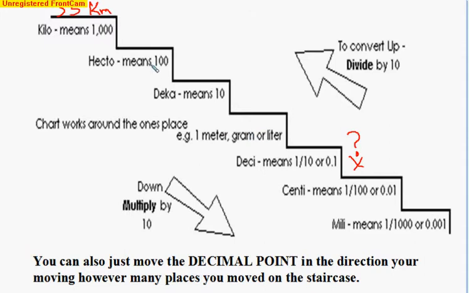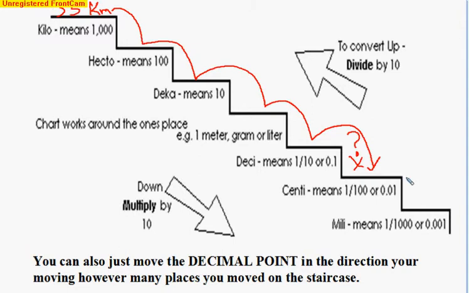Well, I traveled 1, 2, 3, 4, 5. I've traveled 5 steps down. So I'm going to end up multiplying my number 35 by 10 times 10 times 10 times 10 times 10, 5 times. Or if I wanted to, I could quickly just say what's 10 to the 5th power and multiply that number by 35 if I had a calculator.